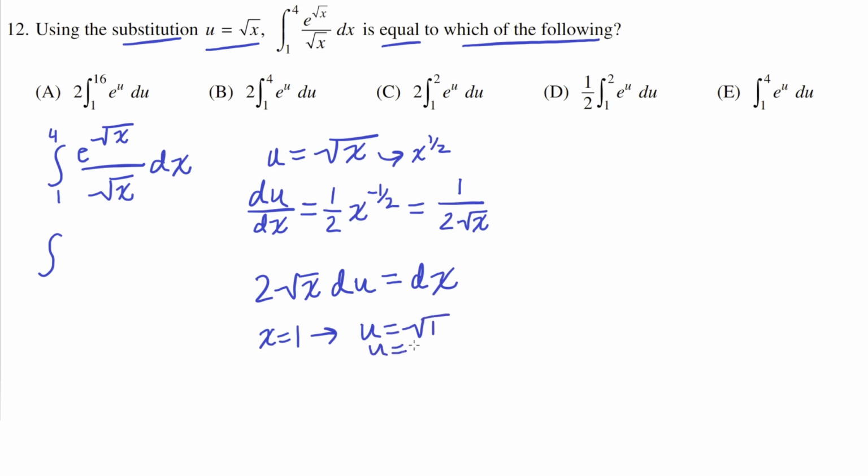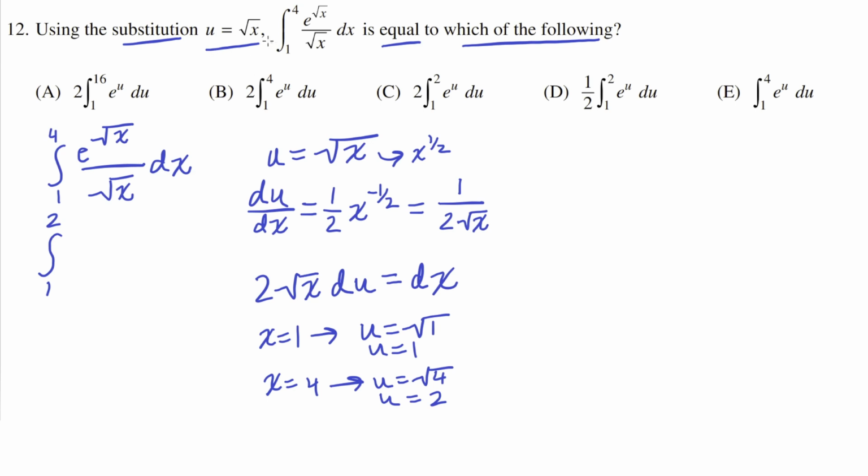So u equals 1, and our bottom limit is still 1. When x equals 4, u equals the square root of x, so it equals the square root of 4. So u equals 2. Our top limit or boundary is going to be 2.